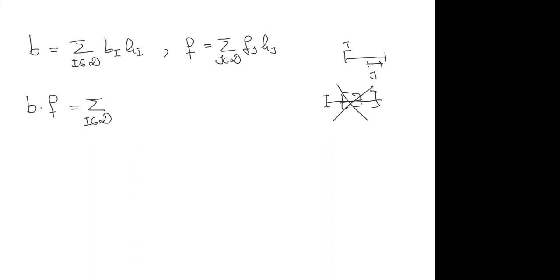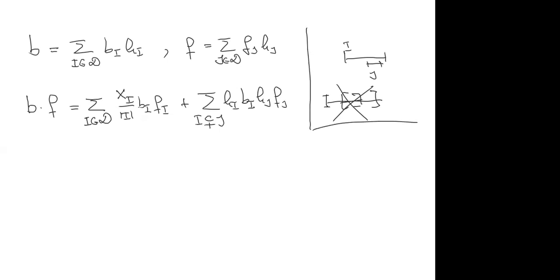In this case, I'll have a square of a Haar function, and that's just a characteristic function divided by the length of I. Or I have the situation that I is strictly contained in J. Or the other way around, I contains J strictly.